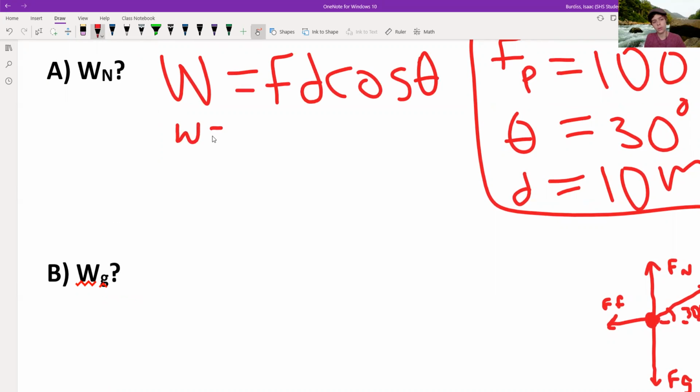So the force, what is the normal force? The normal force is the mass times gravity times the distance times the cosine of the angle.